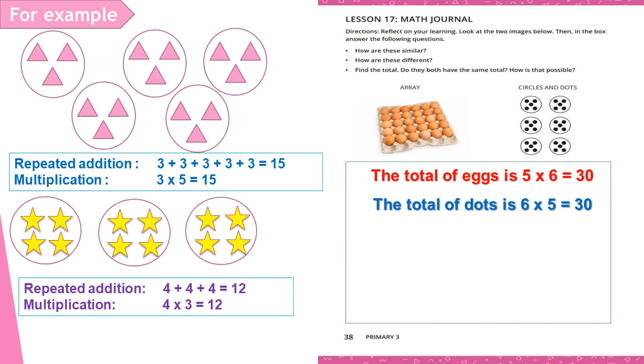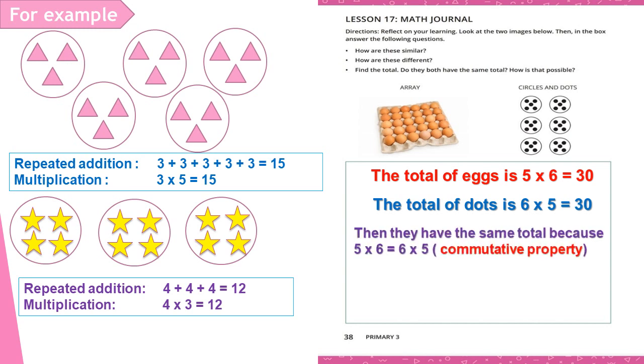If we count these dots, we will find 30. Then they have the same total. We have here 5 times 6 equals 30 and 6 times 5 equals 30. It's what? Commutative property.